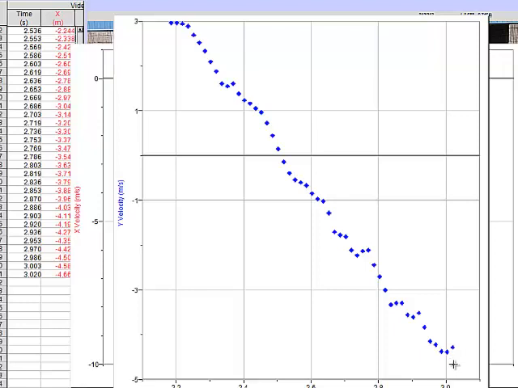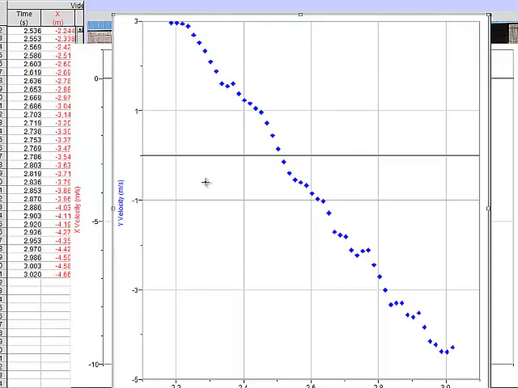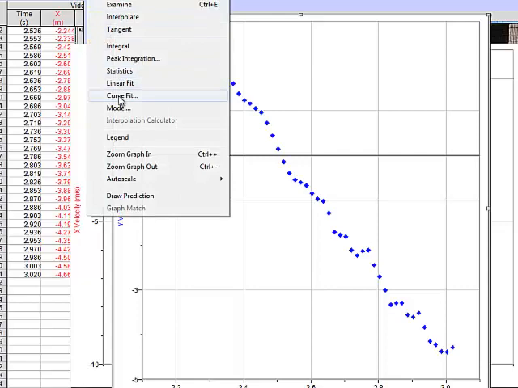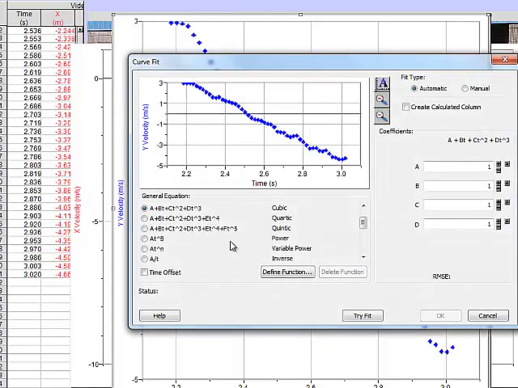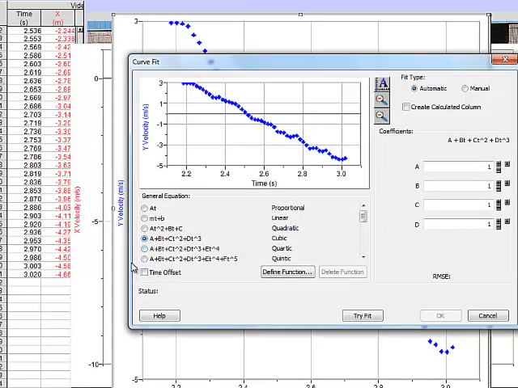The slope of a velocity time graph equals the acceleration. So if I can find the slope of this line, and it's a fairly straight line, the points aren't perfect, but it's fairly straight, that should give me the acceleration due to gravity on the ball. So this program allows me to find that line automatically.